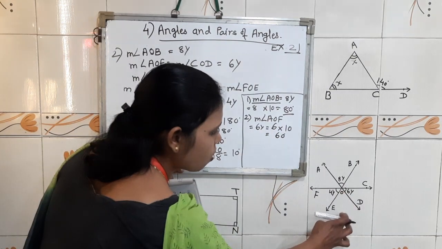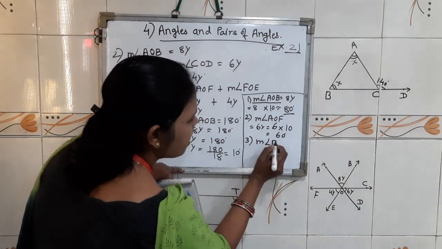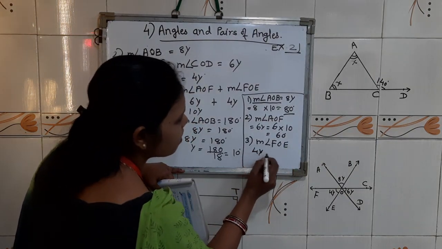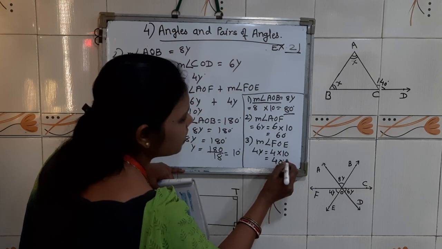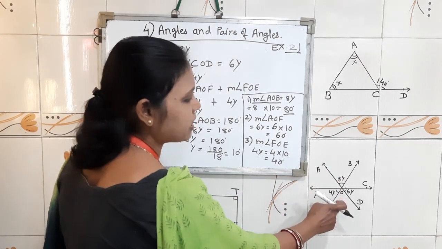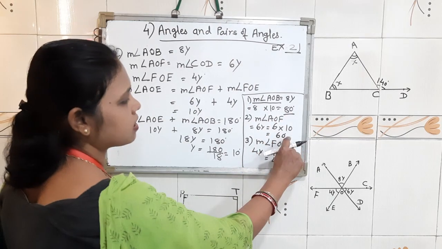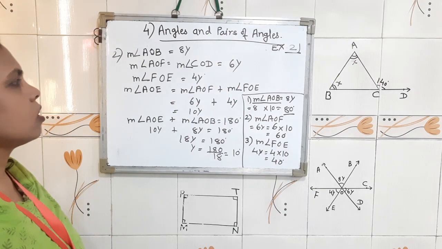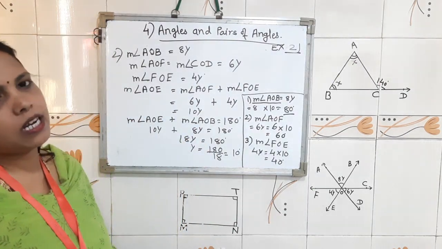Next, third one, measurement of angle FOE is 4y. 4 into 10 equal to 40 degree. In the same way, vertical opposite angles will be the same only. That is 80, 60 and 40 degree. I hope children this question number 2 you understood properly.